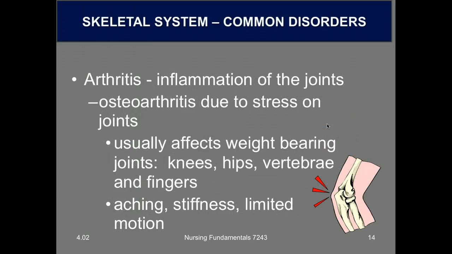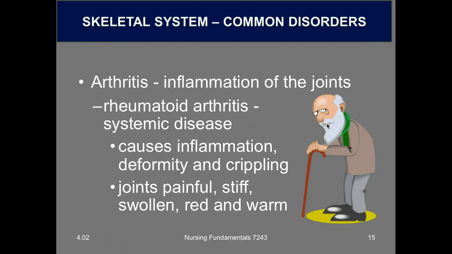Arthritis is inflammation of the joints. Osteoarthritis is due to stress on the joints, like when you have bone on bone, and it usually affects weight-bearing joints such as the knees, the hips, the vertebrae, and the fingers. Residents who have this usually have aching and stiffness and ultimately limited motion.